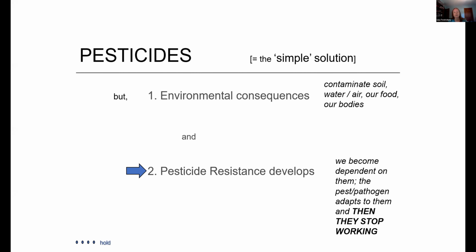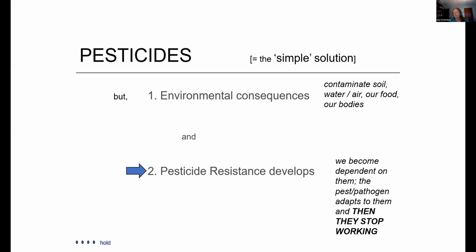So over the years, it has been the case that one of the simple solutions is pesticides. And sometimes still, in our own houses and backyards, if we come across an insect problem, one of the first things we might think about is an insecticide if it's for an insect, or an herbicide if it's for a weed. But there are environmental consequences to this.